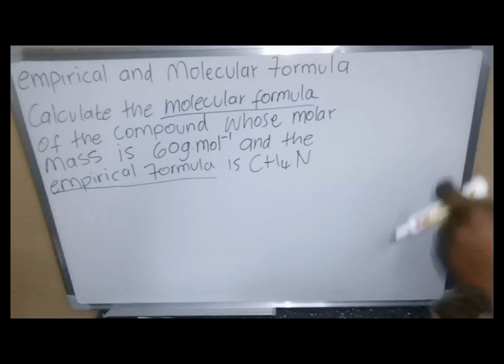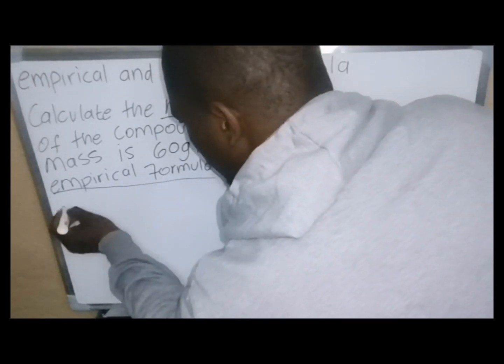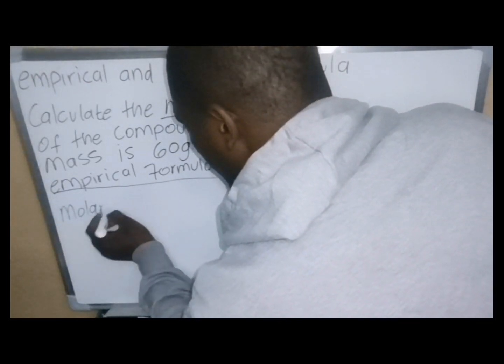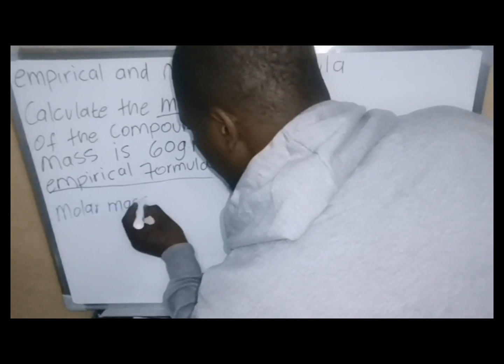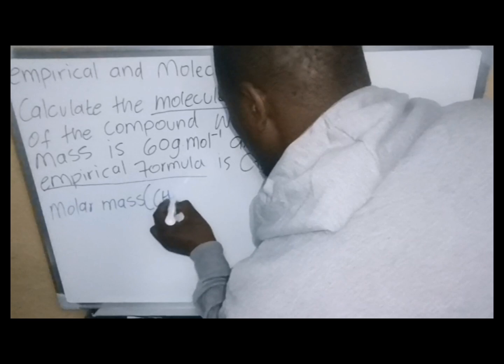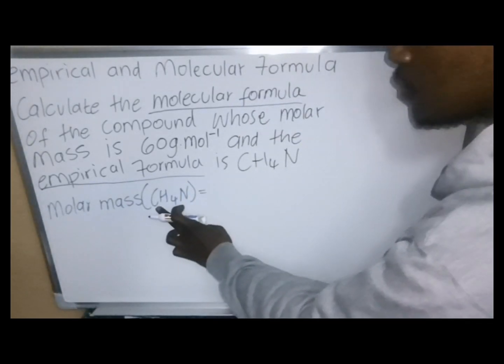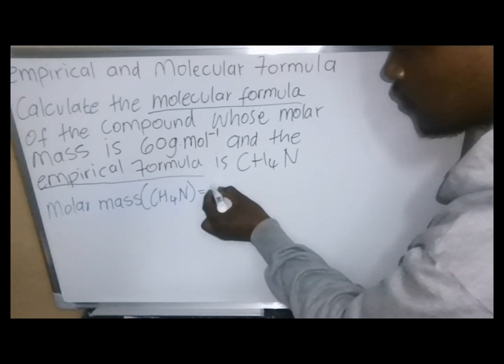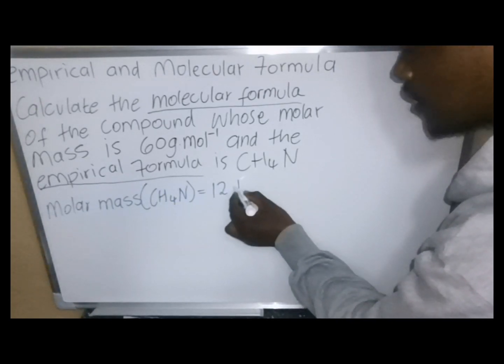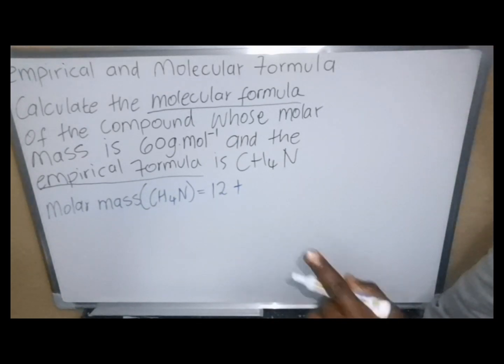Now we need to find the molar mass for this one, CH4N. What is the atomic mass of carbon? 12. You say 12 plus, what is the atomic mass of hydrogen? 1.